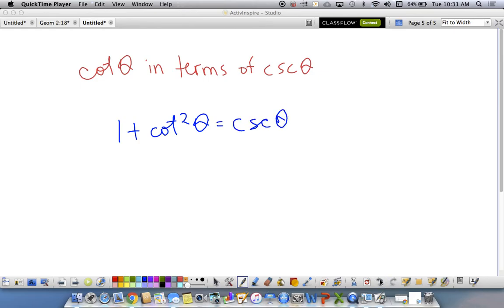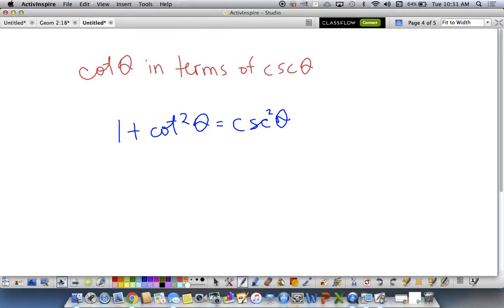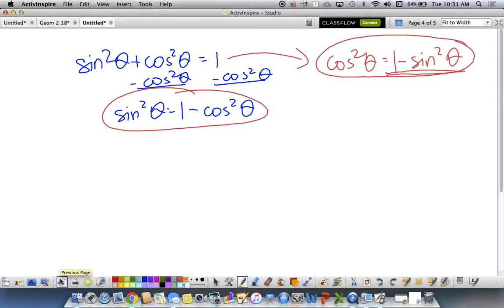Can you go back a page? We started with a Pythagorean identity here, and then we rearranged it. For the first one, I didn't take the square root. All we would do is take a square root, plus or minus, of each one.